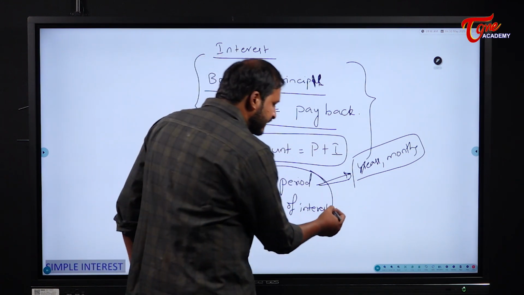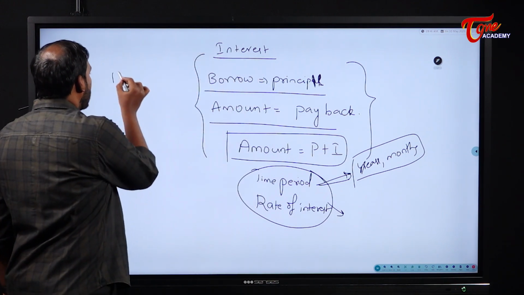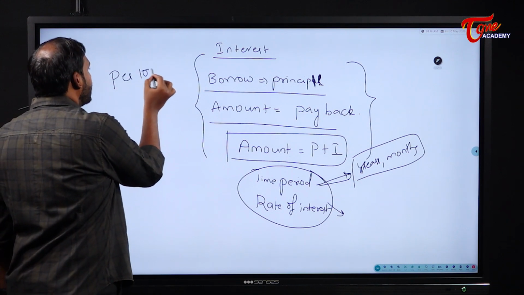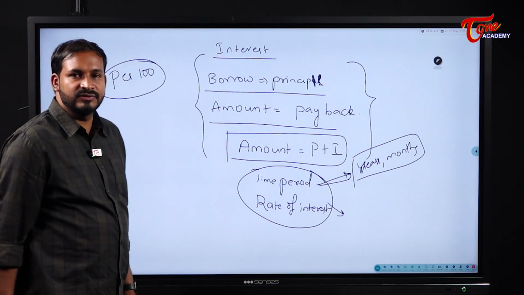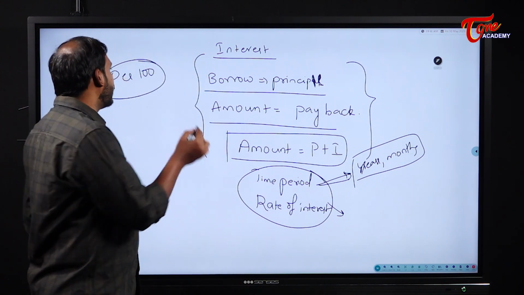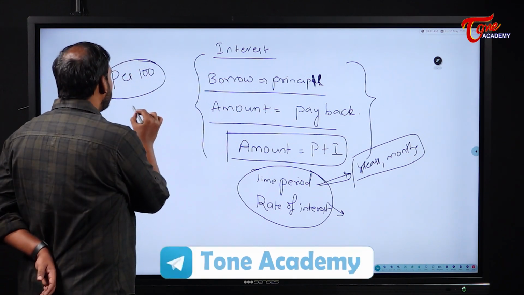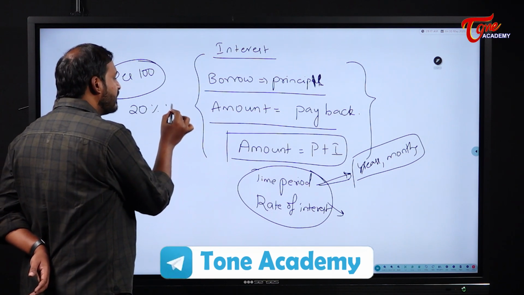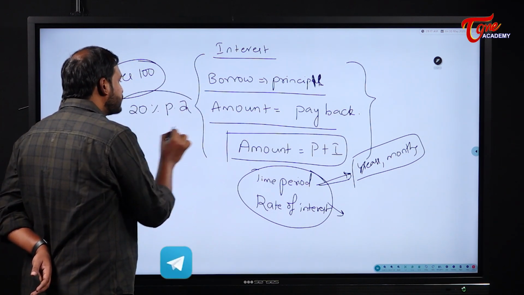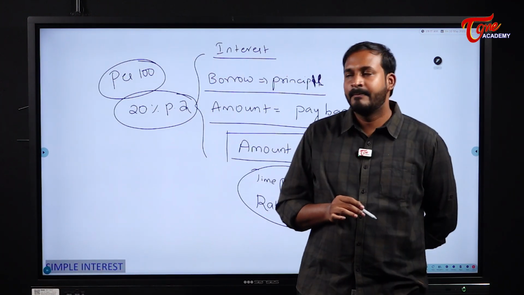Next, rate of interest means per 100, whatever the amount which we collect per 100. For example, if I say my rate of interest is 20% per annum, and remember one thing, in most cases in our subject the rate of interest will be per annum.